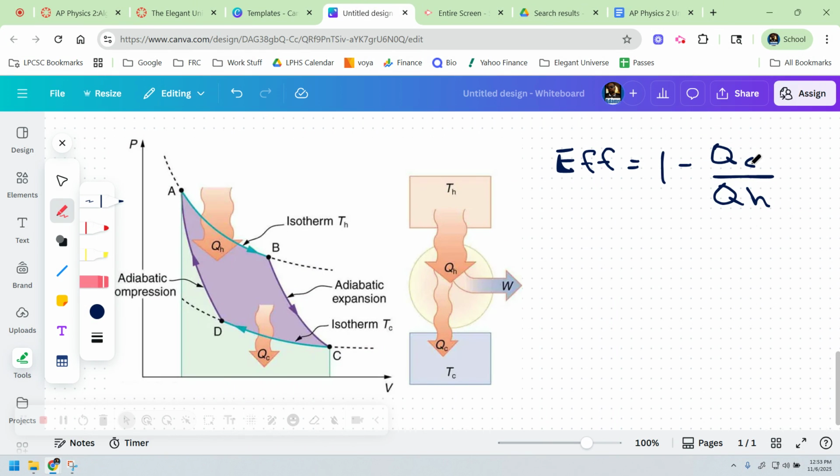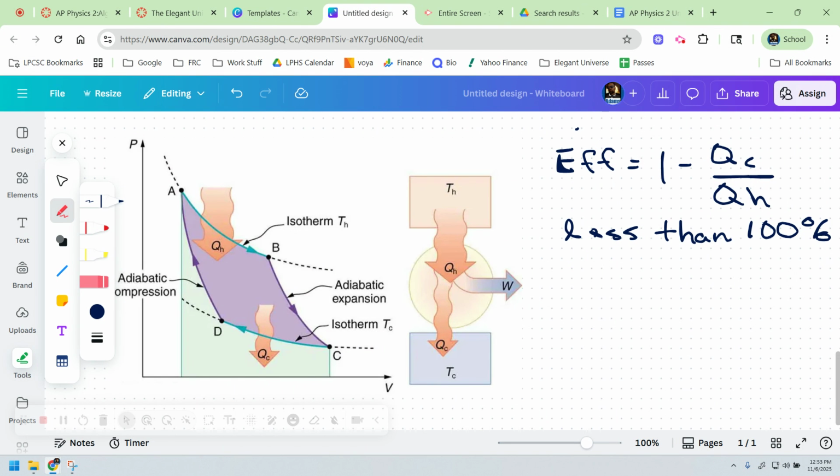And so you're always going to lose a little bit here, so your efficiency will always be less than 100%. Remember, 1 is 100%. So no heat transfer is 100% efficient.